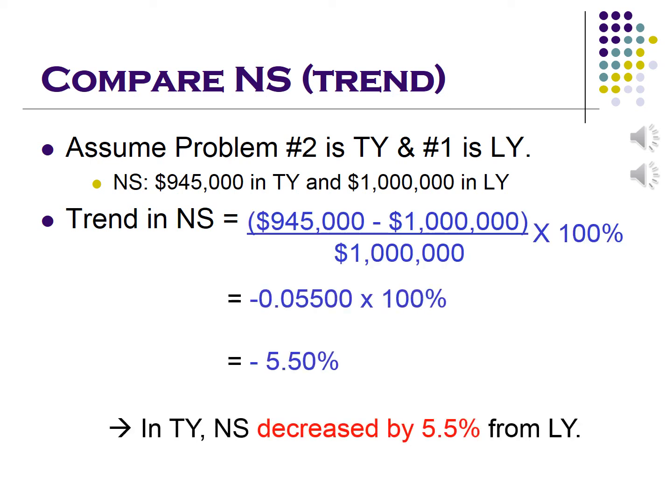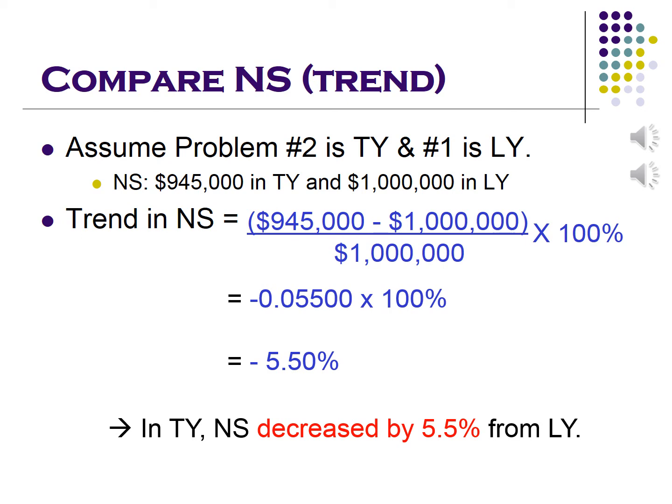The trend is calculated using the formula of this year's dollar minus last year's dollar, over last year's dollar. So in this case, this year's dollar will be $945,000 minus last year's sales, $1 million. Divide the answer by last year's sales, $1 million, and times that by 100%, and that would be negative 5.50%.